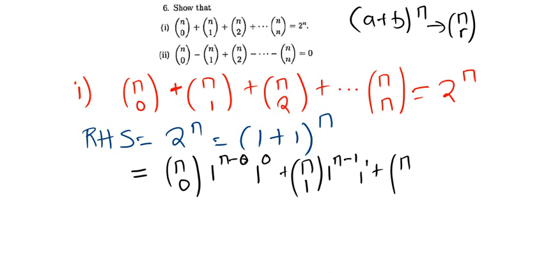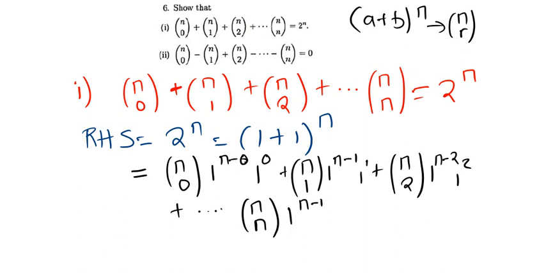n choose 2, 1 to the power n minus 2, 1 to the power 2, plus dot dot, the final term, which is n choose n, is going to be 1 raised to the power n minus n, and then 1 raised to the power n.